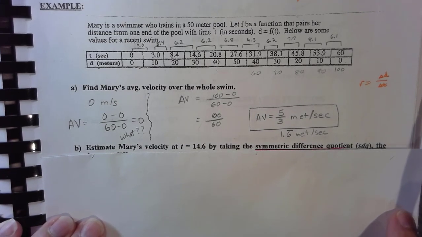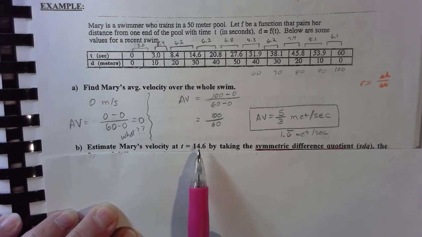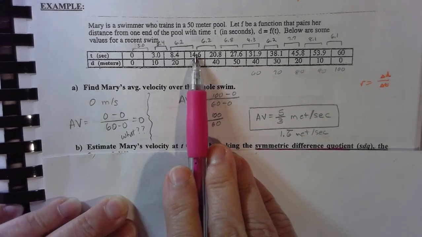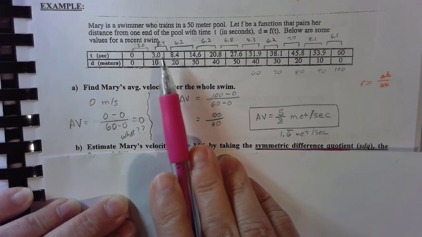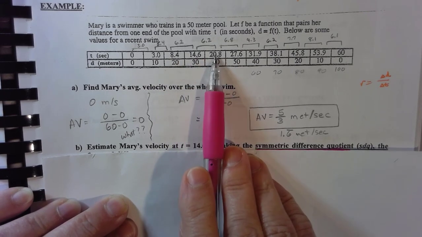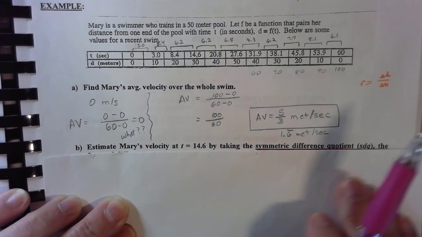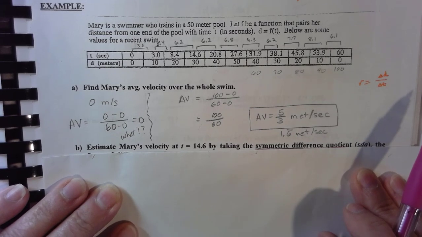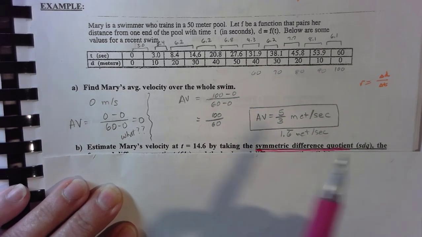So now we're going to estimate Mary's velocity at t equals 14.6. Now something very nice is happening at 14.6. 14.6 is exactly 6.2 seconds away from here and exactly 6.2 seconds away from here. This is an unusual situation, but it might provide some interesting results. So we're going to take a symmetric difference quotient.